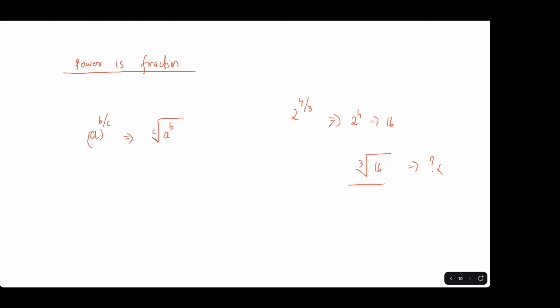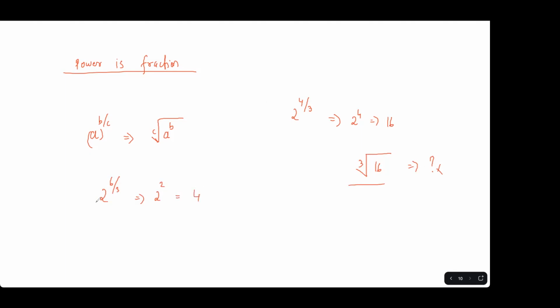Sir, means the option would be in root form only? Not compulsory. If the value is possible, let's take 2 raised to 6 by 3. How much is 6 by 3? 2. 6 divided by 3 is 2 by 1, which is 2, so 2 raised to 2, which is 4.